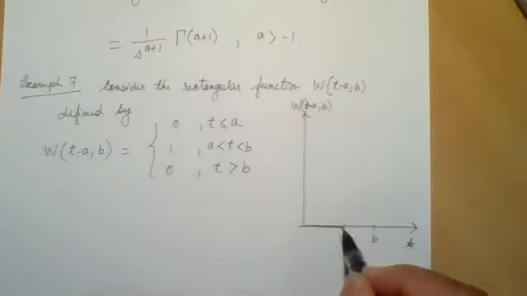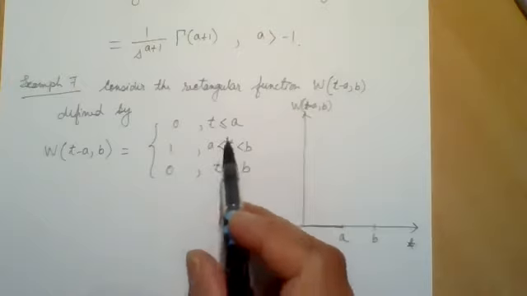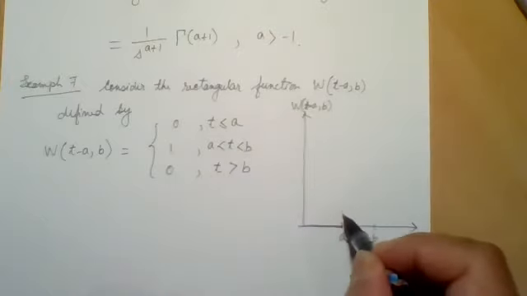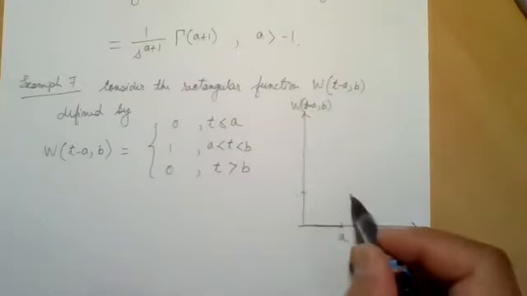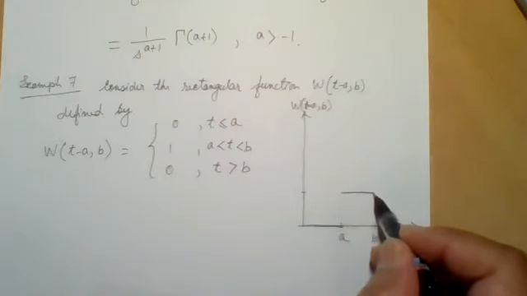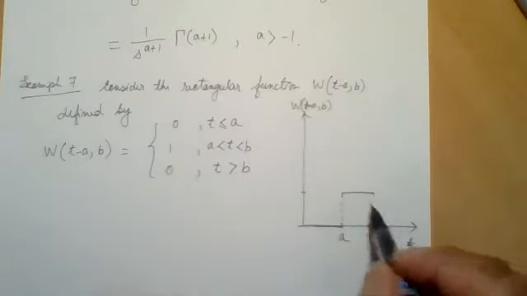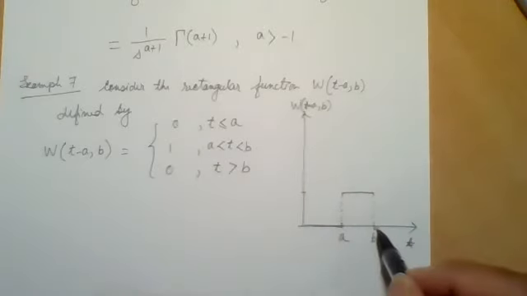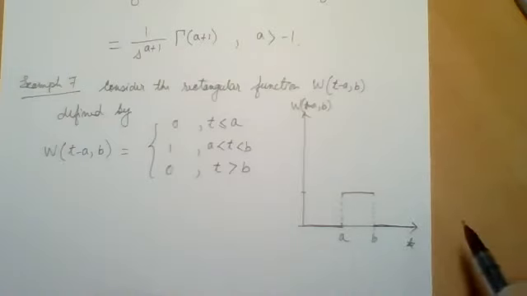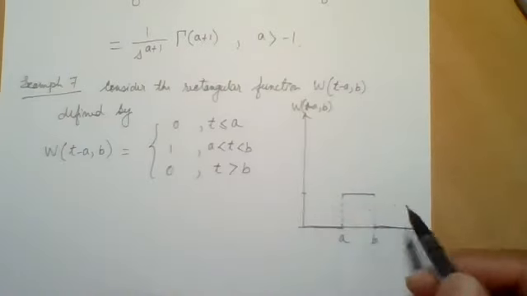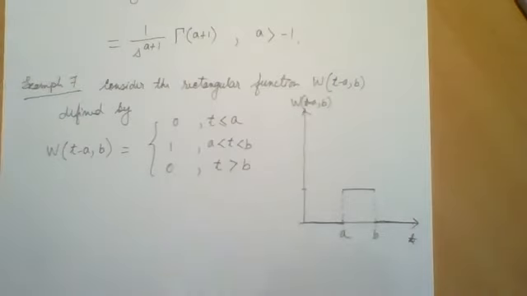The moment t is equal to a, it jumps to the value 1. And from t equal to a to t equal to b, it remains 1. And from t equal to b, it continues as 0. So this is the graph of the function.